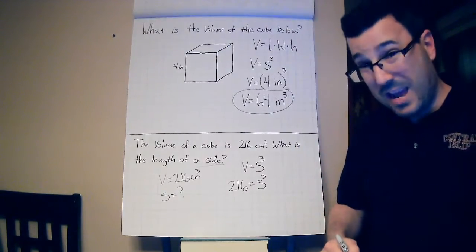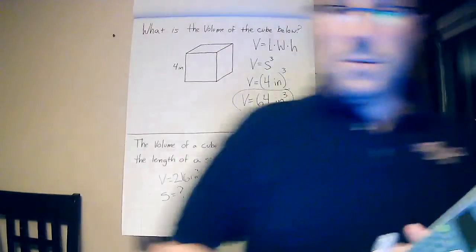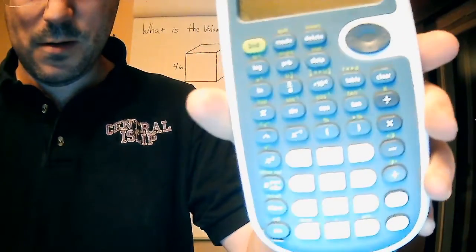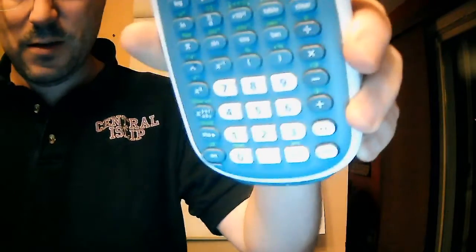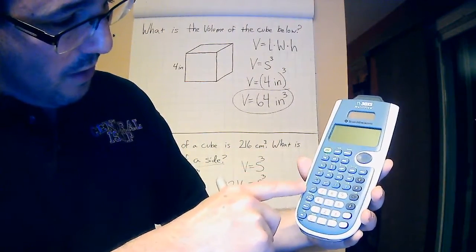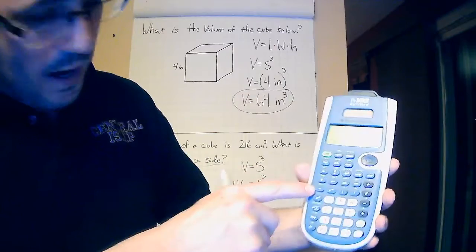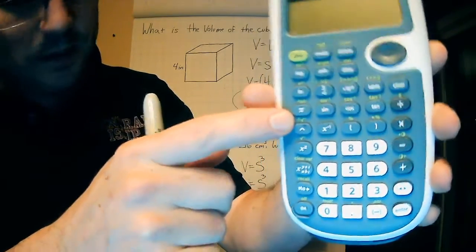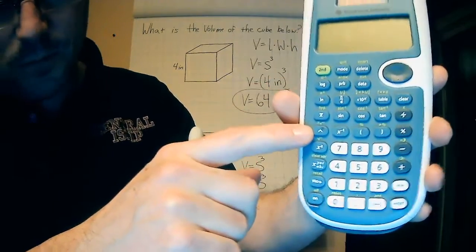Now, on a calculator, what you're usually going to do, and I'm going to grab my calculator over here to show you. Okay, so here's my calculator. The light's a little bright. Usually, right above that, you see it's X and then the radical symbol.